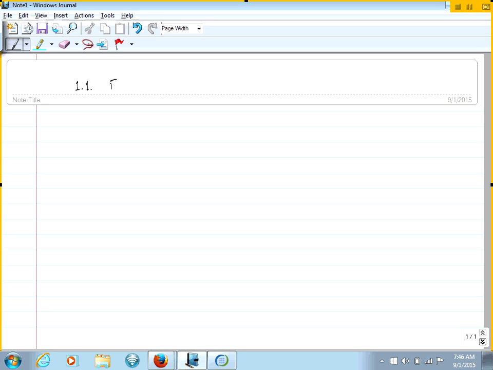1.1 functions. Feel free to take notes. We will talk about a relation and then a function. A relation is a correspondence between two sets.